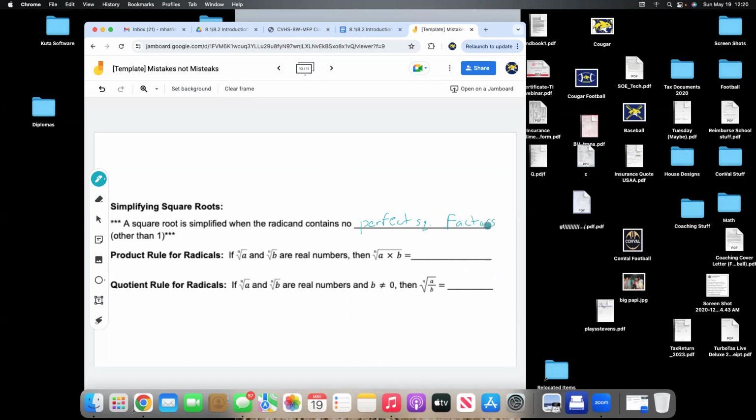So the product rule, basically what this means is we're taking the nth root of A times the nth root of B, so we can split it up. And this one means we're taking the nth root of A over the nth root of B, so we can split these up. That's what these two mean, the quotient and product rule.